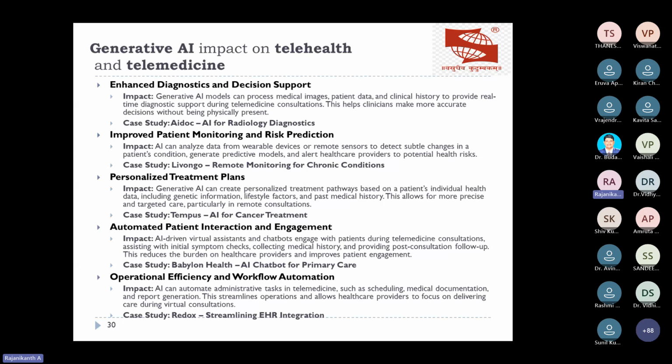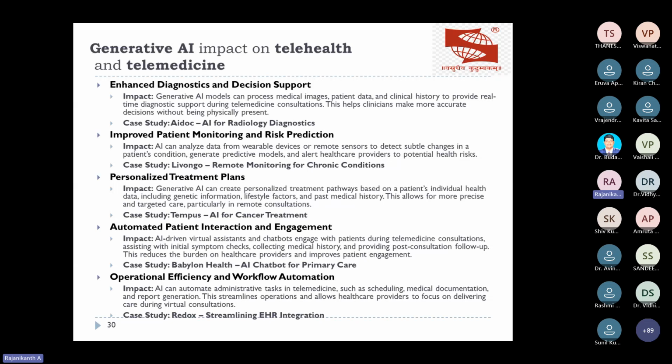In all such cases, the chatbots really help. Whatever little query they have, they can put it there and the chatbot immediately responds. And of course, they get relaxed, right? So that's why the Babylon Health AI chatbot is one which really helps for primary care.